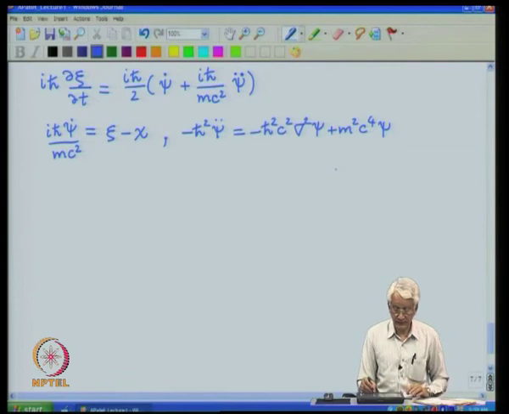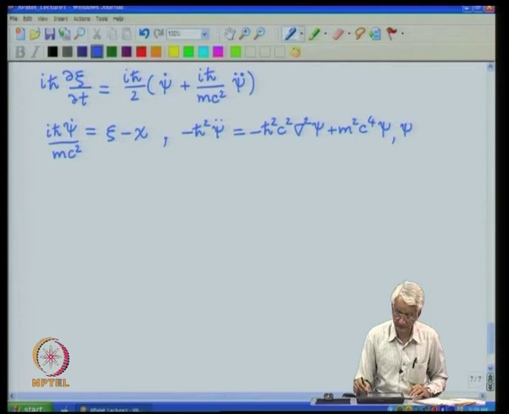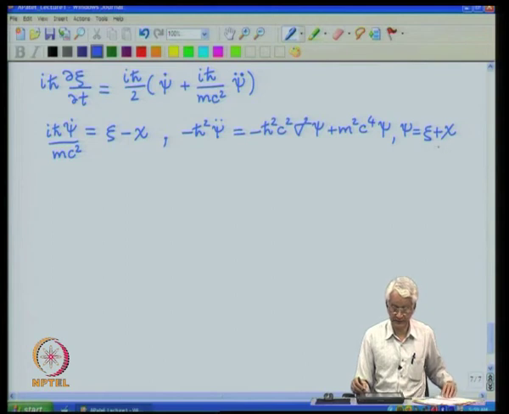By these two expressions, and of course psi can then be eliminated completely by rewriting in terms of zeta and chi.